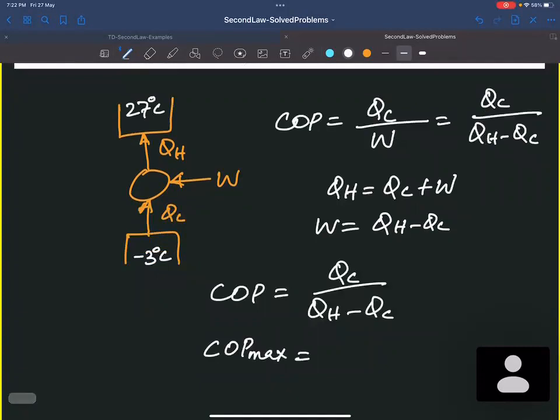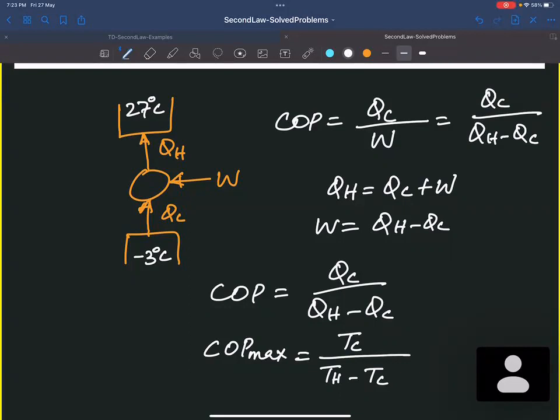So for the Carnot refrigerator, we have TC by TH minus TC, which is normally based on the Carnot engine.